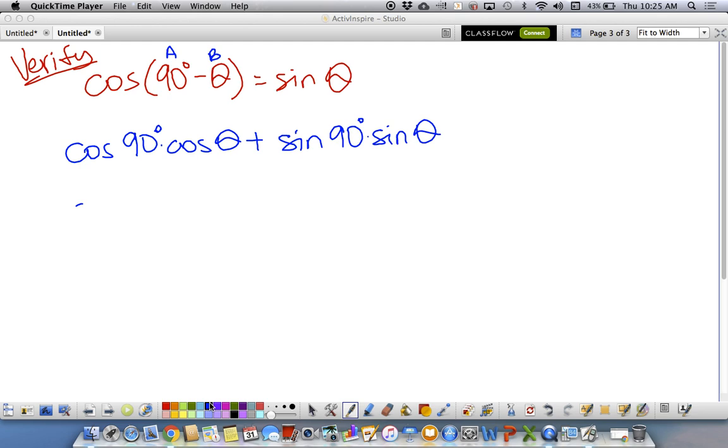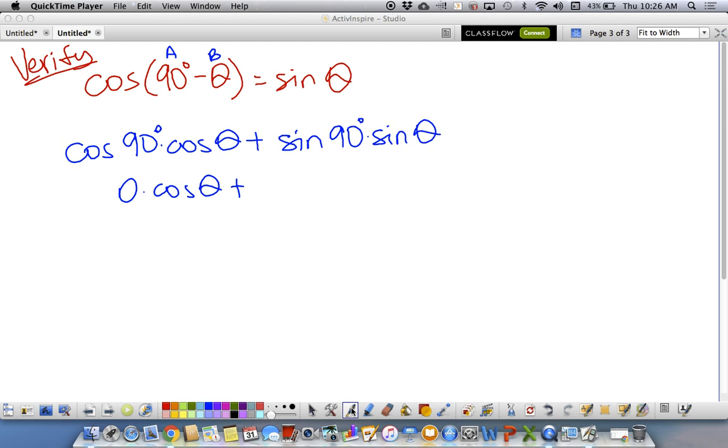Keep going. What's cosine 90? There's a number there. Can you look at a graph and figure out what cosine 90 is? Is it 0? Yes, it is. So 0 times cosine theta. What's sine theta? What's sine 90?